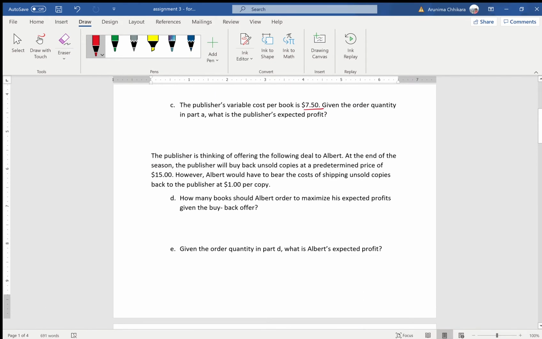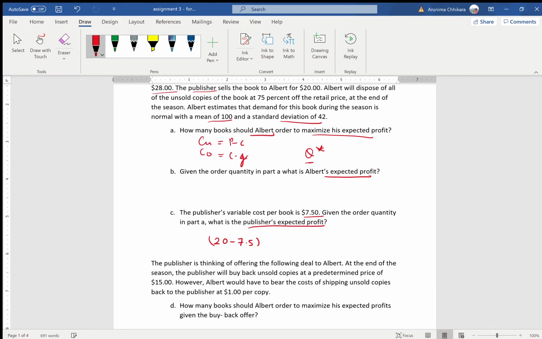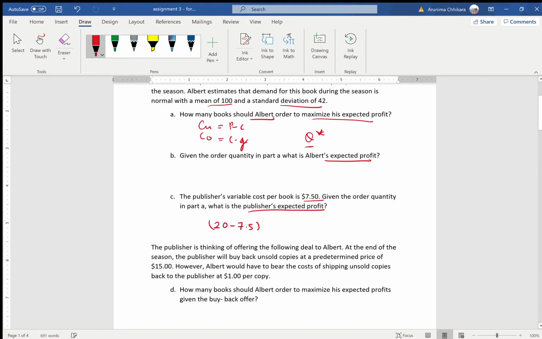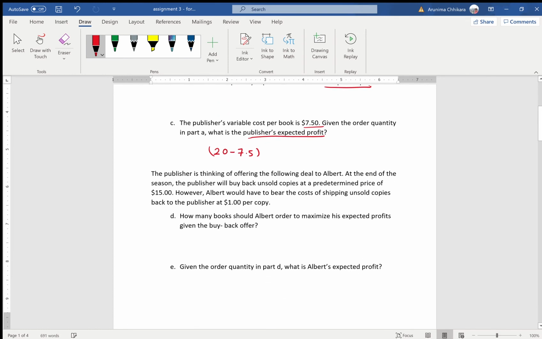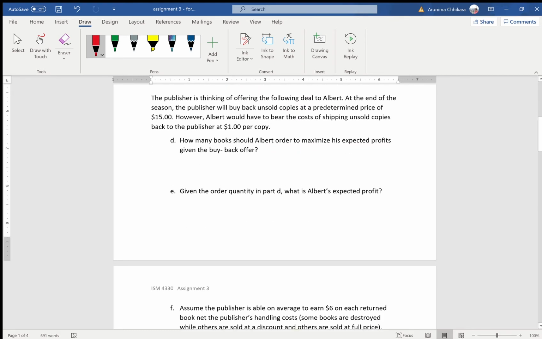Given the order quantity in part A, what is the publisher's expected profit? On each book that the publisher sells, they make a profit of 20 minus 7.5, because 20 is their wholesale price and 7.5 is how much it costs them to produce a book, and then we multiply it by the Q star that we achieved in the first question.